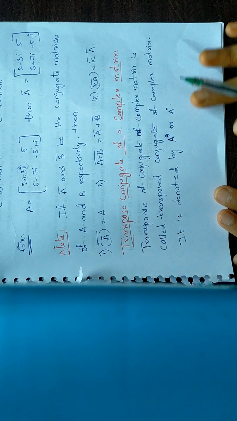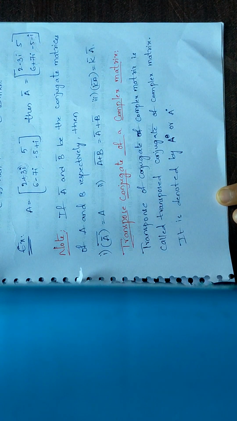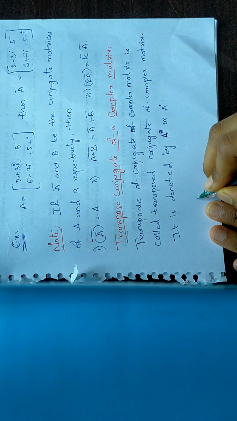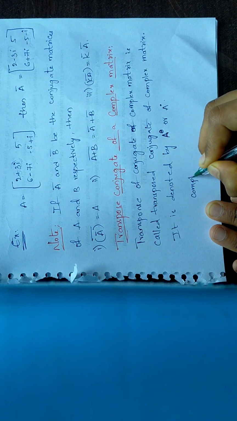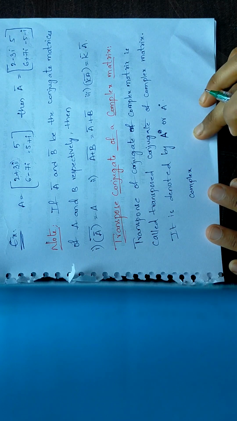Now the transpose conjugate of the complex matrix means, first we find the conjugate matrix of the complex matrix, and then we find the transpose of the conjugate matrix. So here we will have three matrices. The given question is the complex matrix. This is for understanding, I am writing this for understanding.